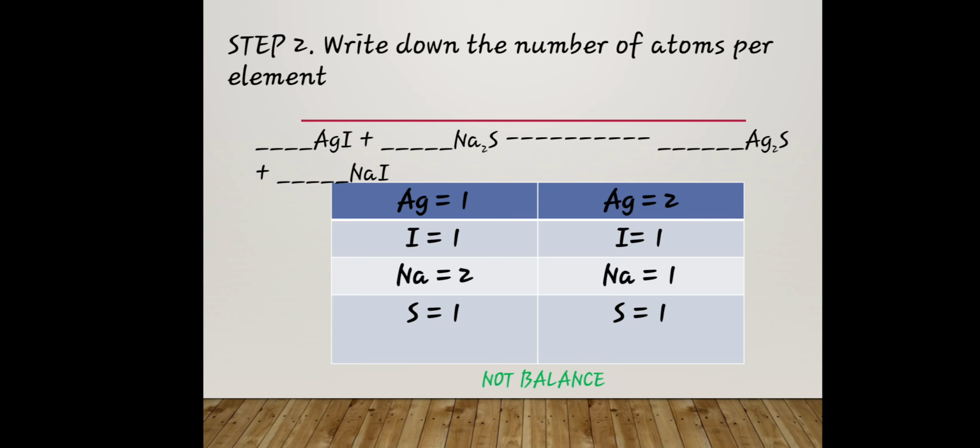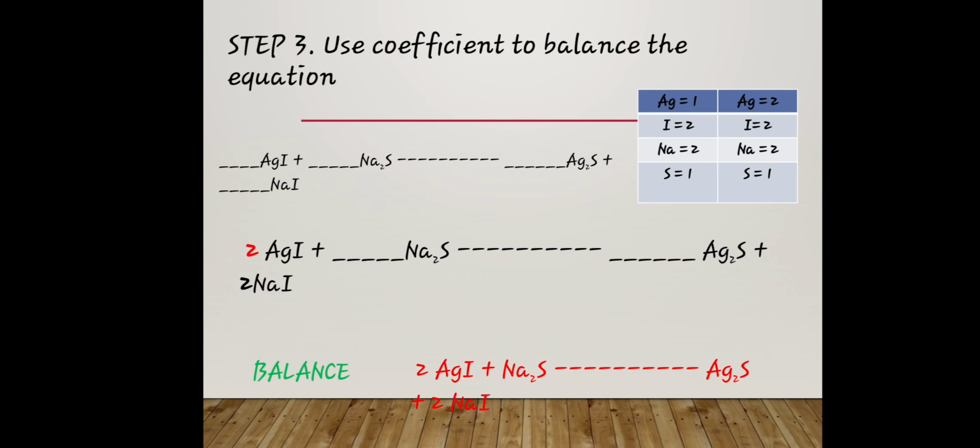So from the 1 iodine here, inputting the coefficient 2 here, magiging 2 na rin si iodine. Bakit? 2 times 1 is equal to 2. So since si iodine sa reactants ay 2 na, let's balance it in the product. Sa product, the original ni iodine is 1. So how can we make it 2?